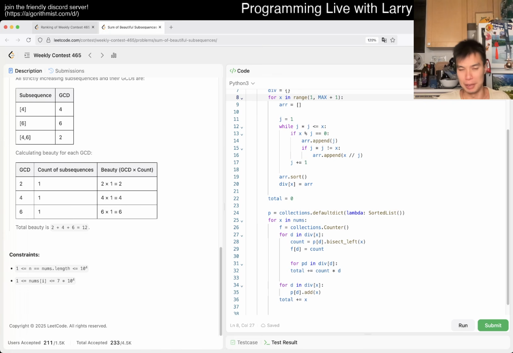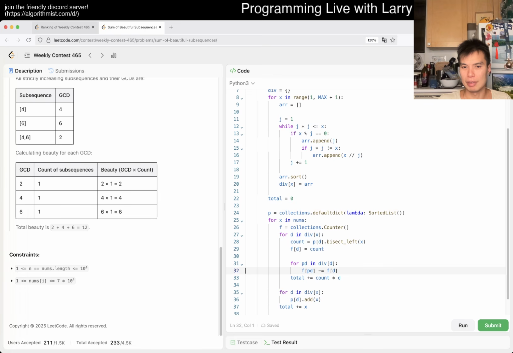Maybe I don't need to do all the numbers. Maybe I could do a memoization thing, but let's not optimize anymore. Let's just see if we can get it at least correct, and then we can think about optimizations. Okay, and then now where we previous d, f of pd minus f of d, right?